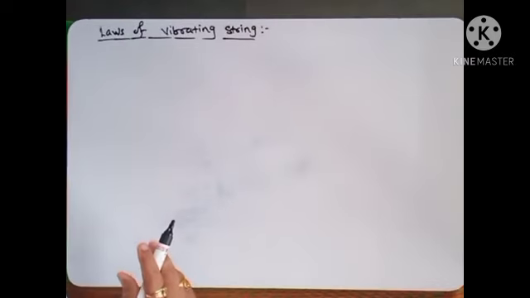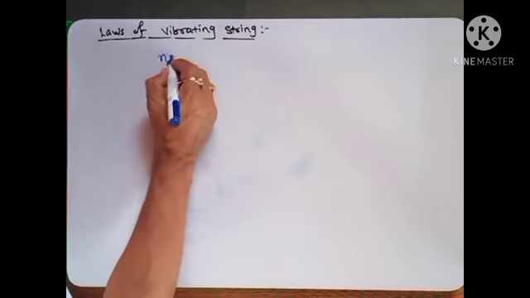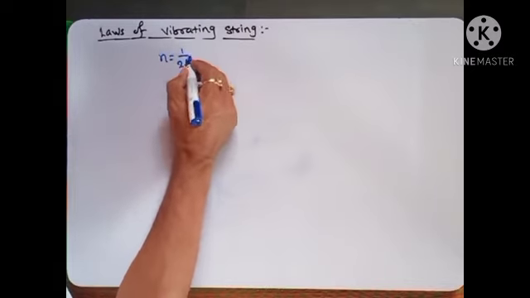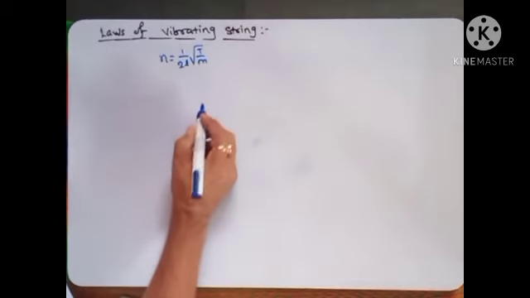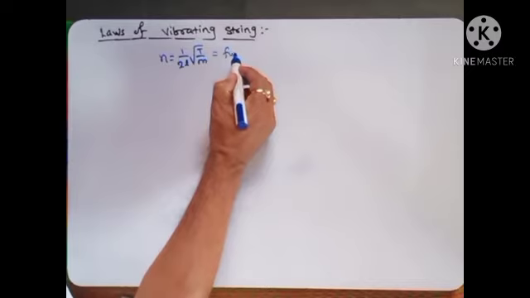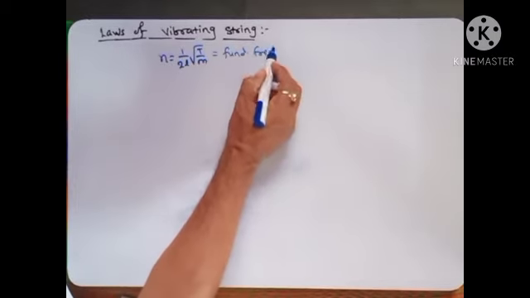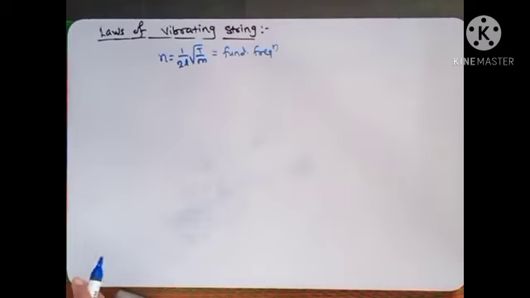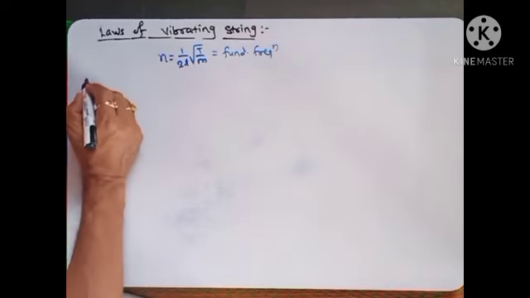Laws of vibrating string. Here you know that N equal to 1 upon 2L root T by M. This is the fundamental frequency in case of vibration of the string, and by using this relation we get three laws.